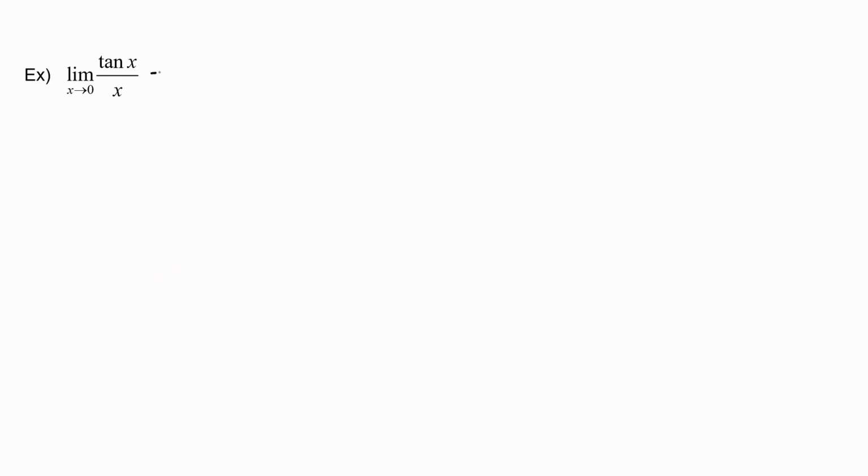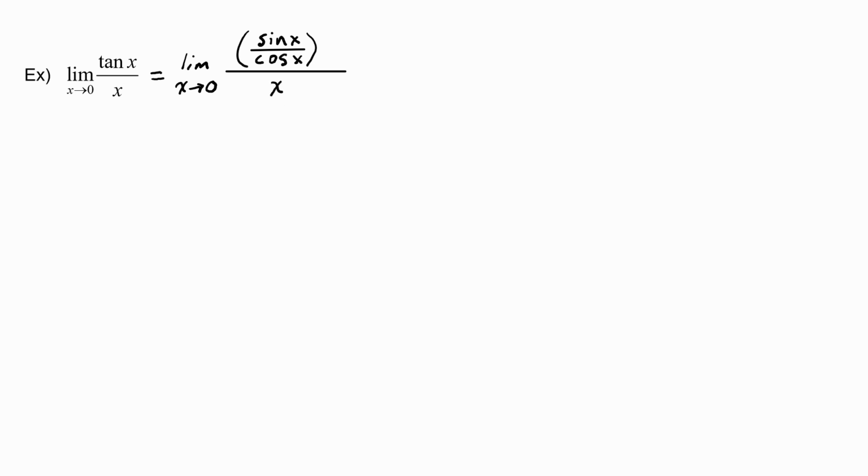So this is going to equal the limit as x goes to 0 of tangent of x, which can be written as sine of x over cosine of x. We bring over our denominator of x.